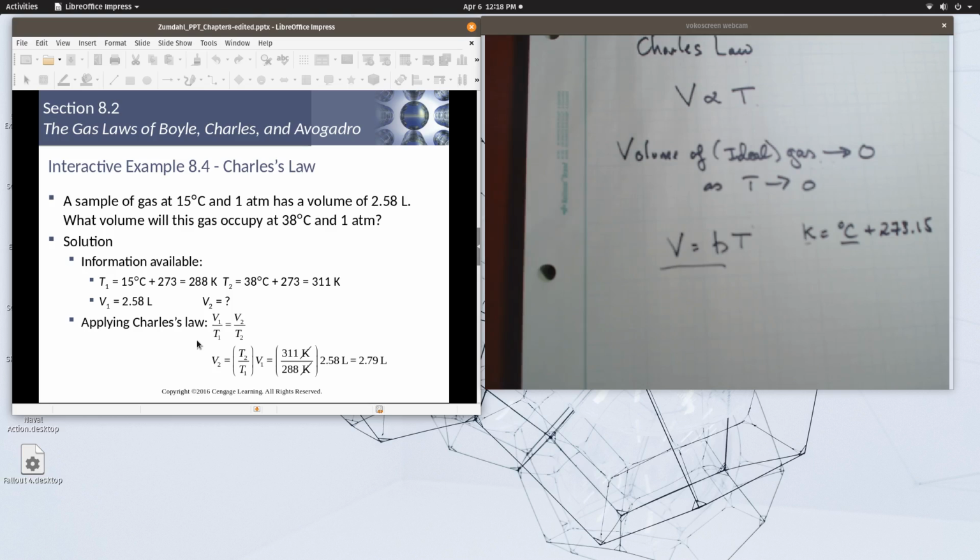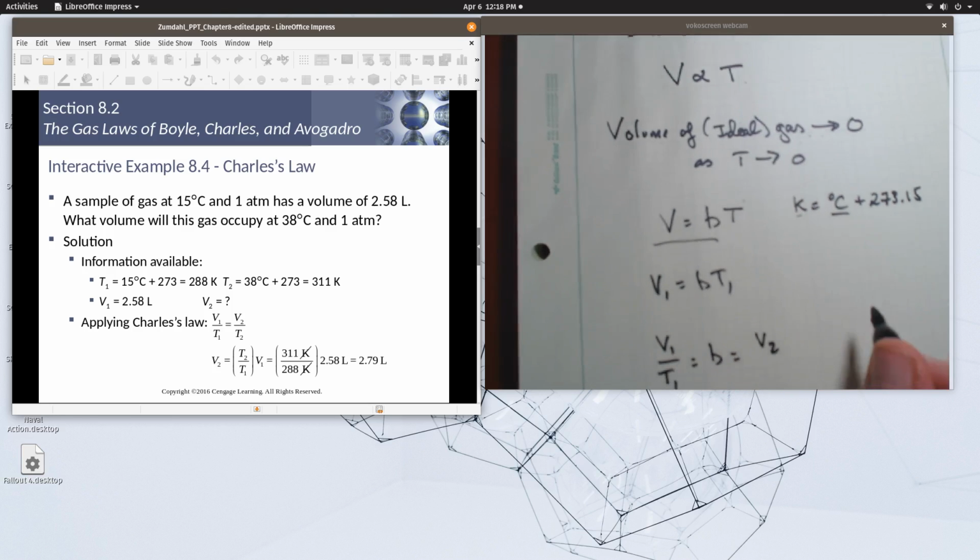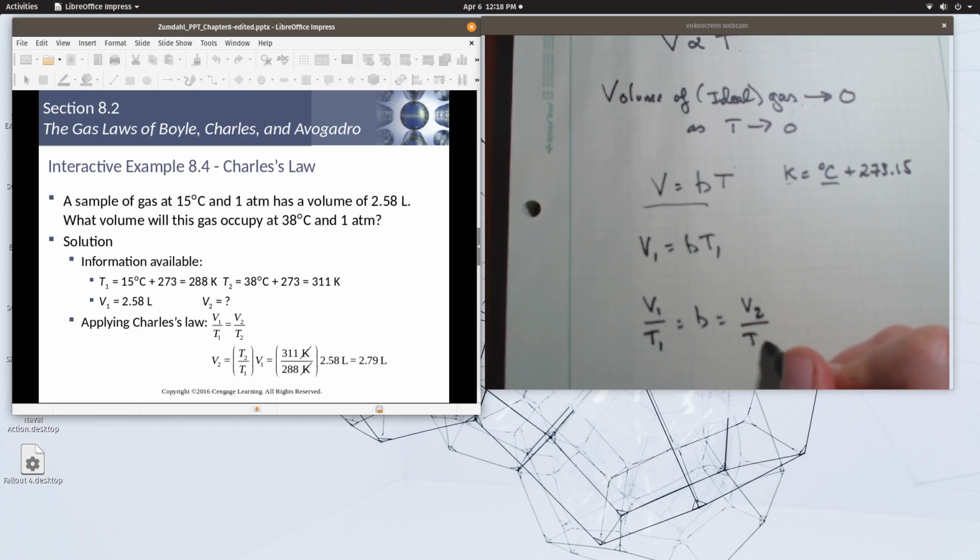Okay, so note the difference. In this case, V1 is equal to B T1, so V1 over T1 is equal to B, which is the same constant for V2 over T2. That's Charles's law. So volume 2 is now equal to T2 over T1 times the initial volume.